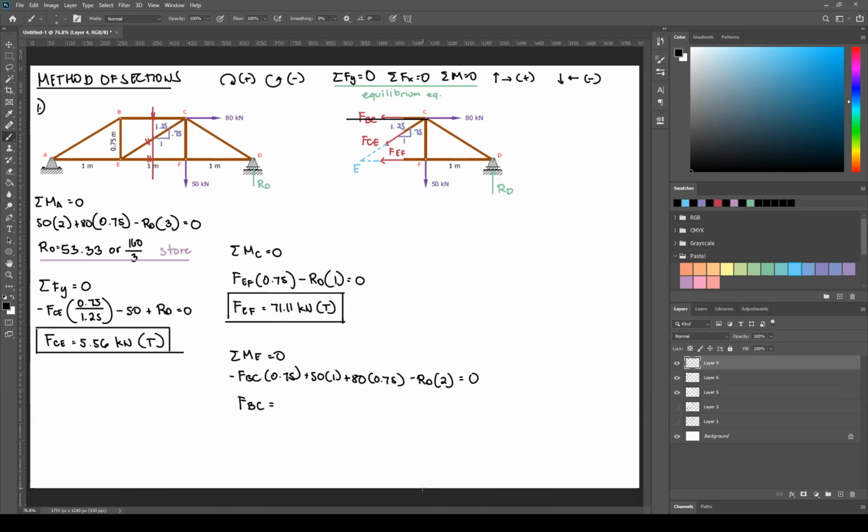Okay, the answer is 4.44. Positive, therefore correct assumption again. So just copy the unit. And then, what is my direction?